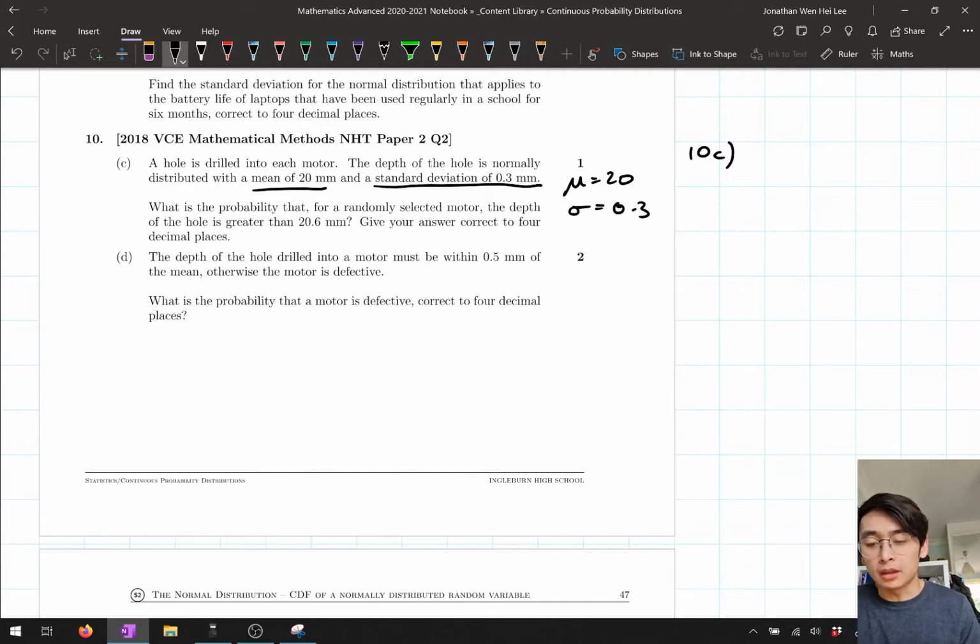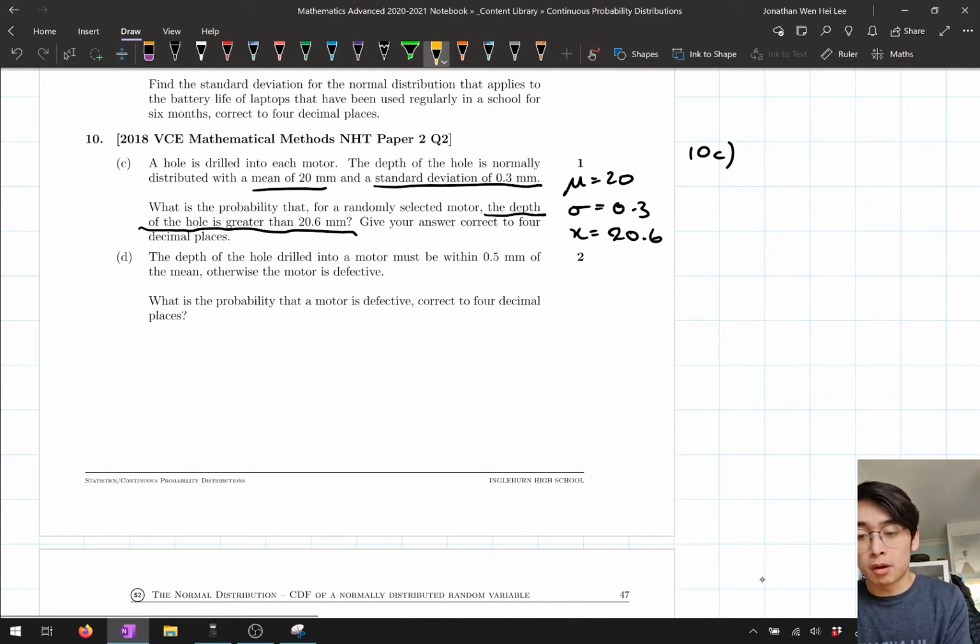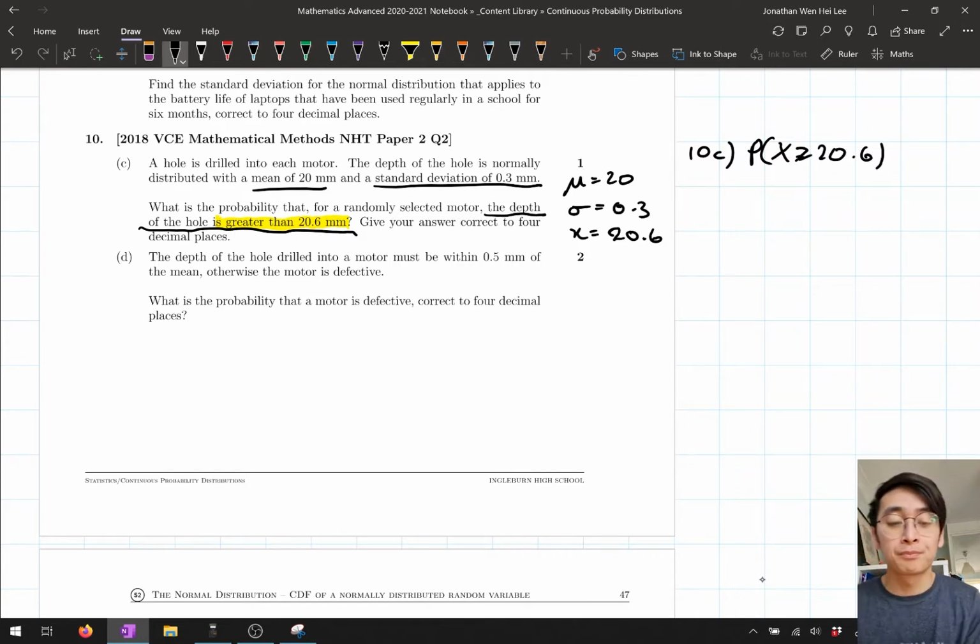What is the probability for a randomly selected motor that the depth of the hole is greater than 20.6? Give your answer correct to 4 decimal places. So here, this score is x is equal to 20.6. What we're trying to find is the probability that the depth is greater than 20.6, so the probability of x is greater than or equal to 20.6.